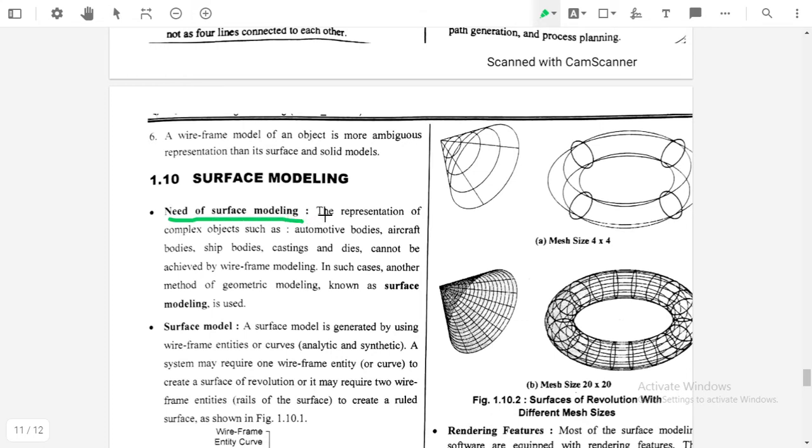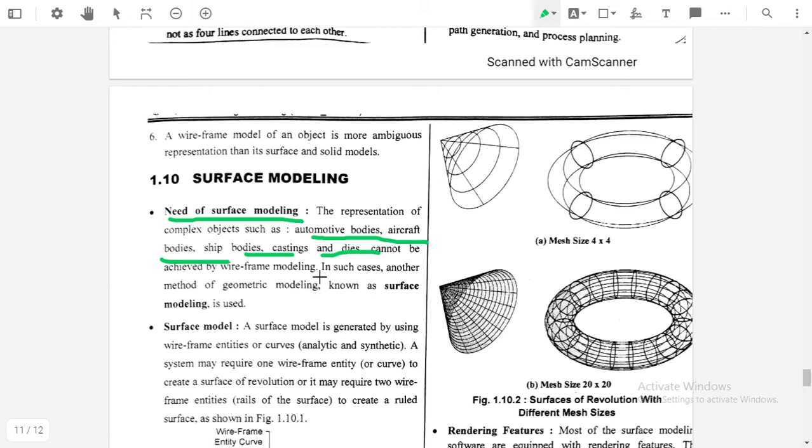Why is there a need to derive surface modeling? The representation of complex objects such as automotive bodies, aircraft bodies, ship bodies, castings and dies cannot be achieved by wireframe modeling. As we discussed in a previous lecture, there are some limitations of wireframe modeling: a complicated part cannot be designed, or if we design it, it will be very complex.